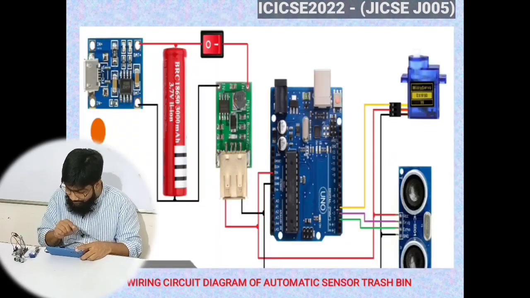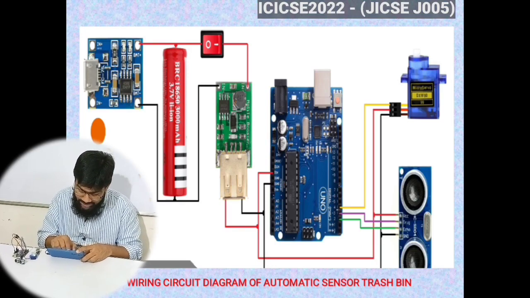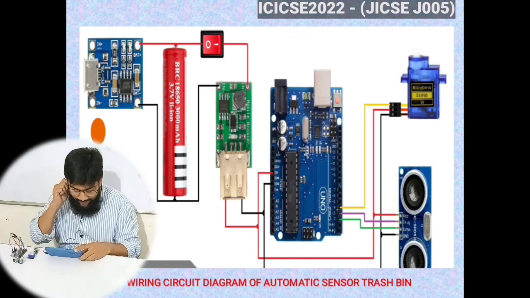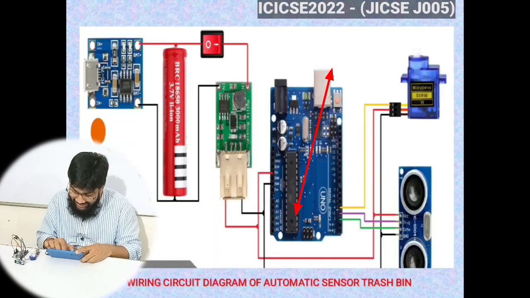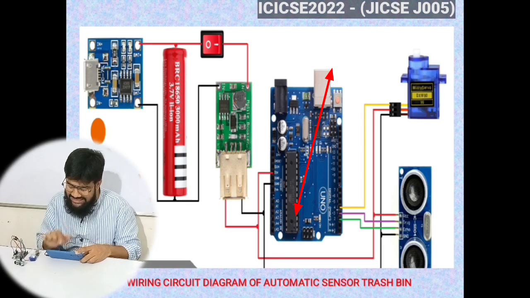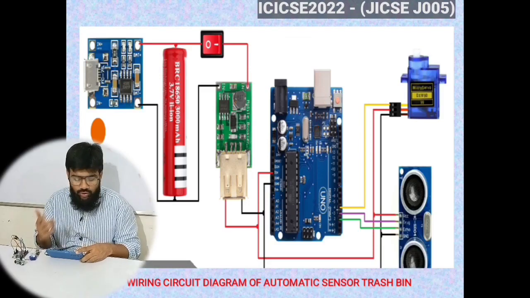To give power supply to them, we are using this voltage booster. It boosts the voltage from 3.7 volts to 5 volts and powers your microcontroller. The microcontroller gets the signal from the ultrasonic sensor, and from there it sends the signal to your servo motor, and this servo motor flips open your dustbin automatically when someone comes near it.